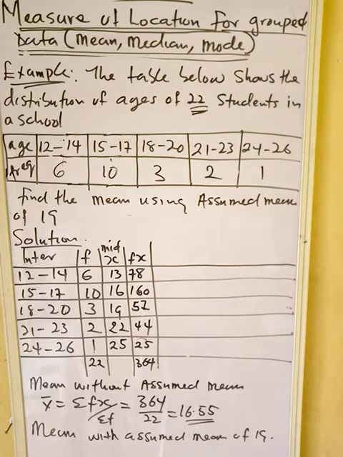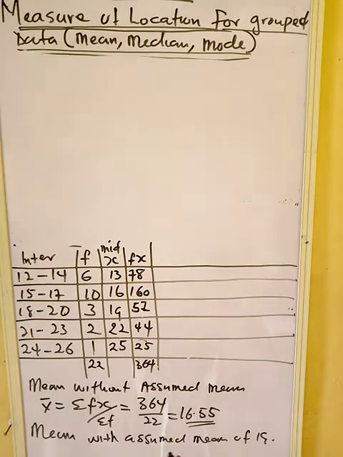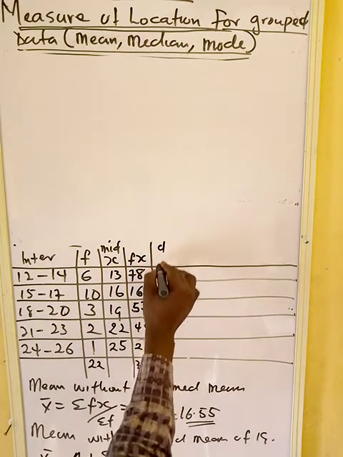So we can clean the box up there. With assumed mean of 19, the formula is A plus summation FD over summation F. So we need D, and how can we get our D?